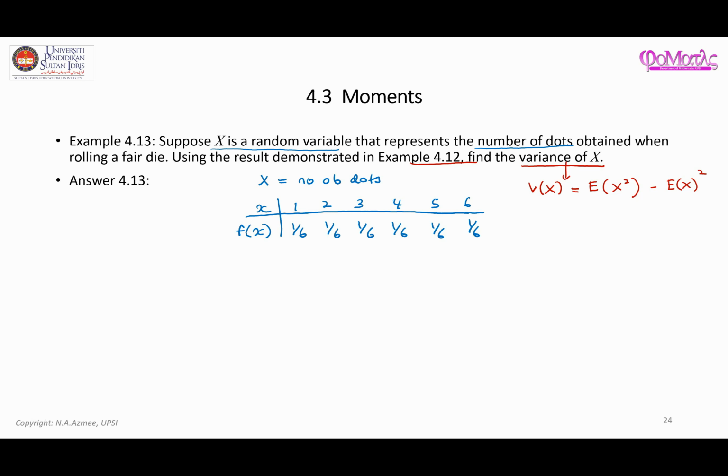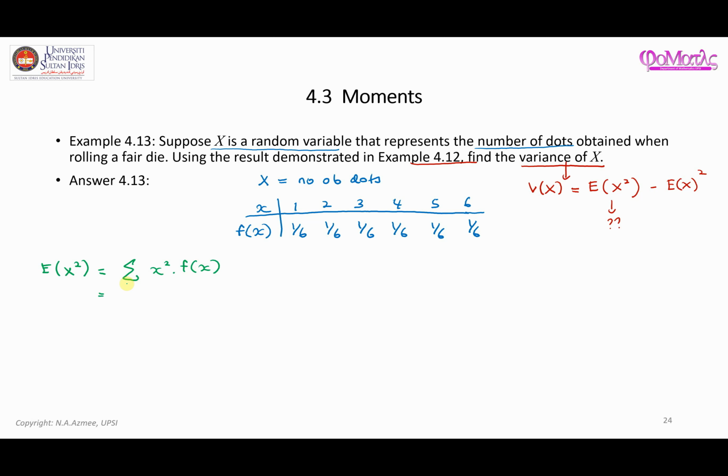We're going to find what E(x squared) is, and we all know how to find that. According to the formula, the expected value of x squared is the summation of x squared times f(x).